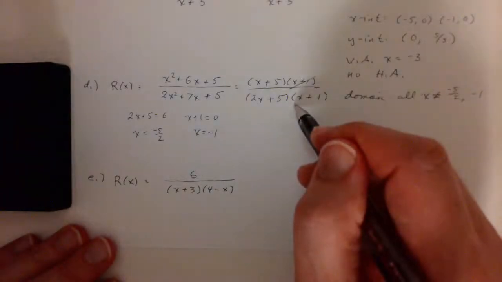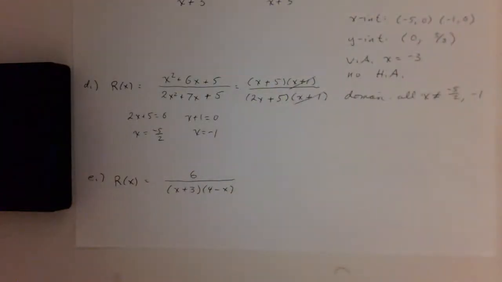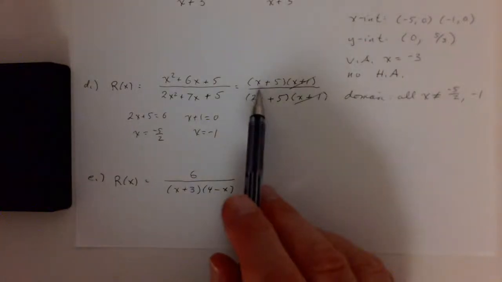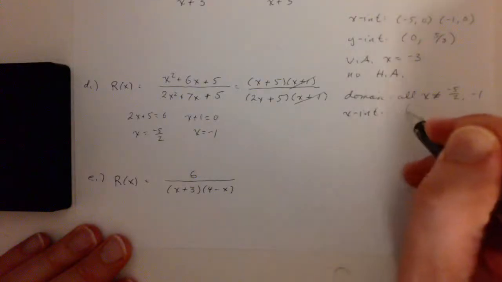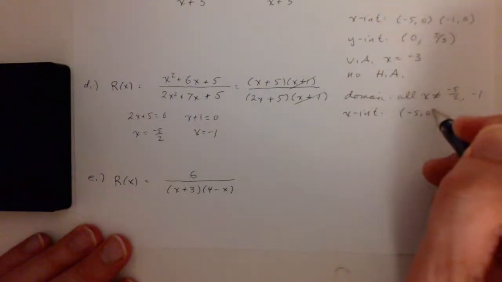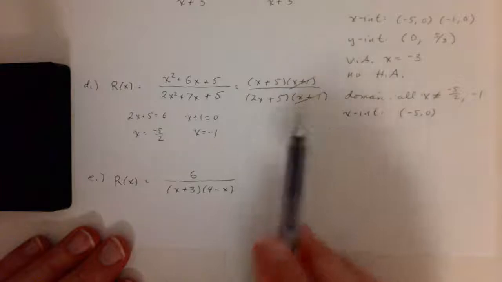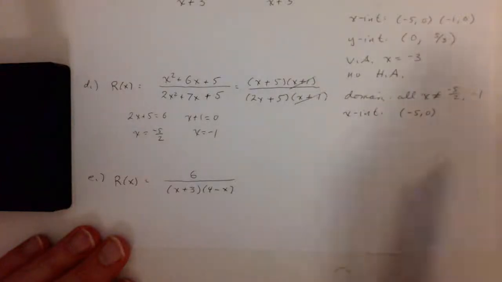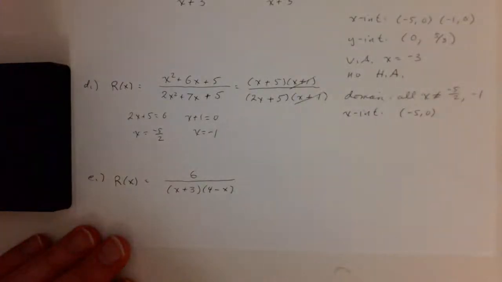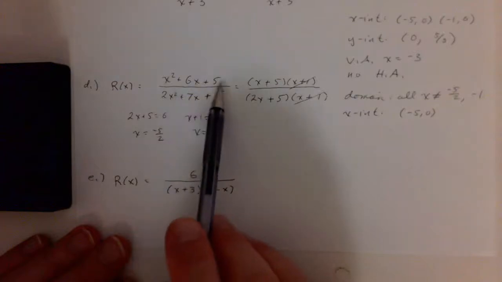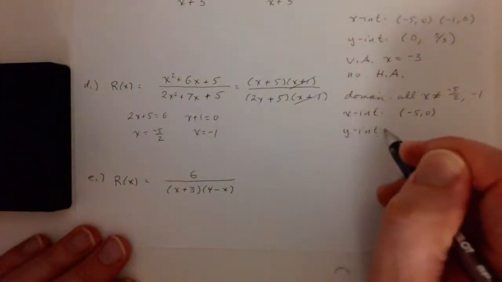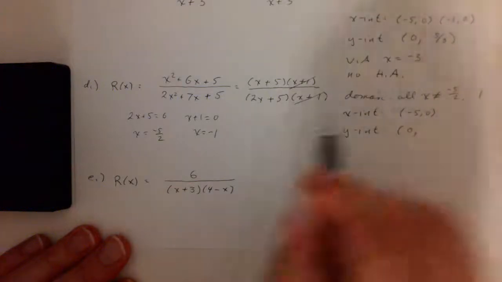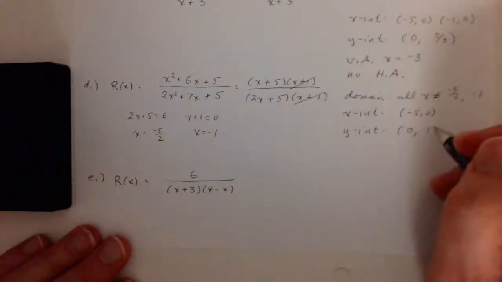Now we can cancel and proceed and say, okay, where's the x-intercept? It'll be at -5, and not -1 because we just found that -1 is not in the domain. Plug in x equals 0, we get 5/5, so the y-intercept will be (0, 1), because 5 divided by 5 is 1.